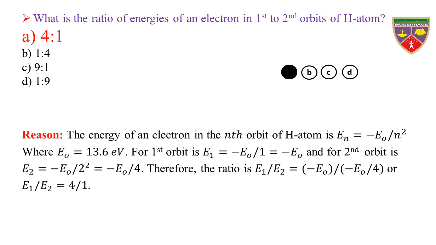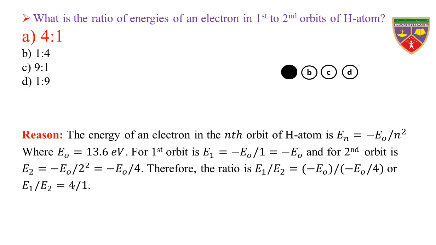Reason: the energy of an electron in the nth orbit of a hydrogen atom is En equal to minus E0 divided by n squared, where E0 is equal to 13.6 electron volts. For the first orbit, the energy is E1 equal to minus E0 divided by 1, which is equal to minus E0.